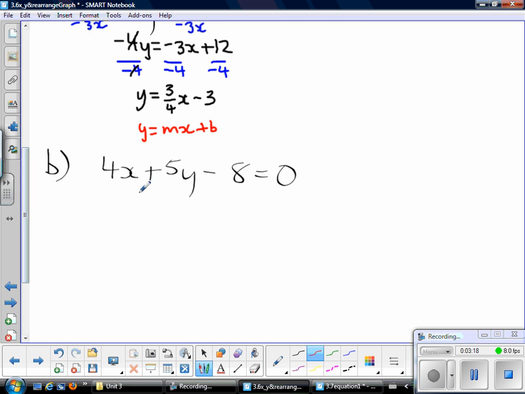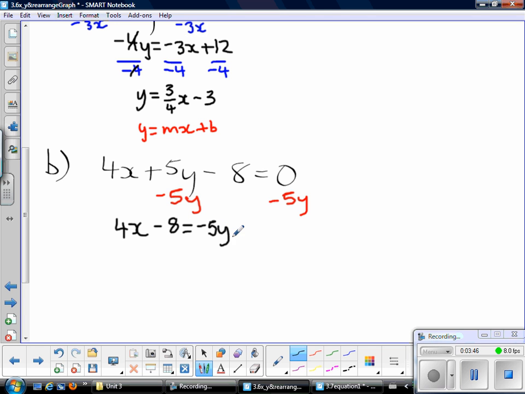Okay, so because everything's over here, I'm going to actually subtract 5y from both sides. And the reason being, I only have to move one thing. So what I have left for myself is 4x, the 5y is gone, minus 8 equals negative 5.